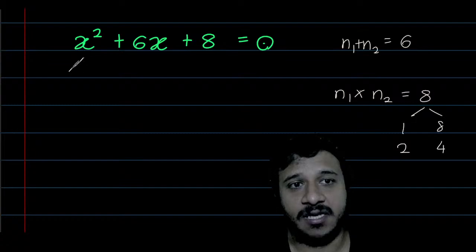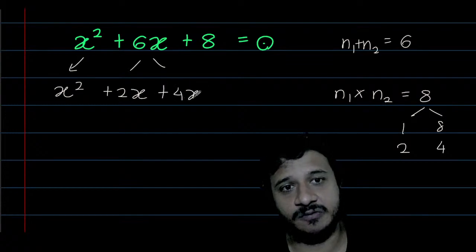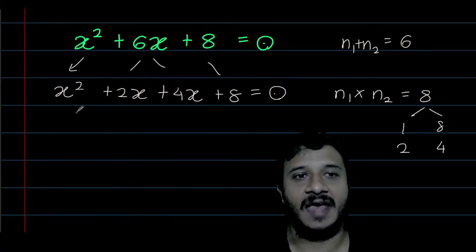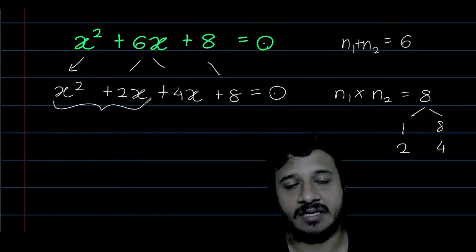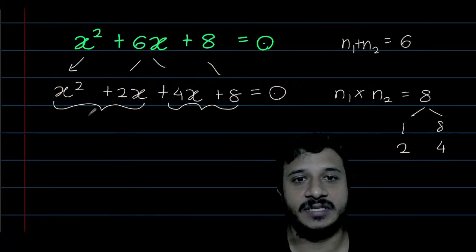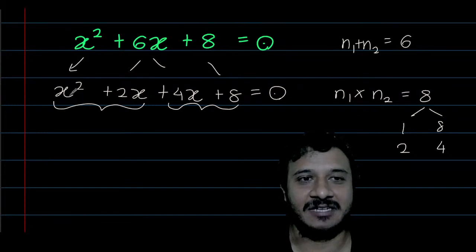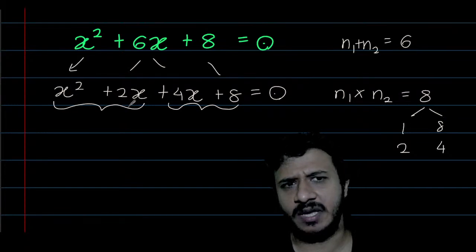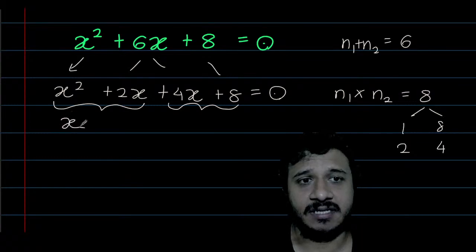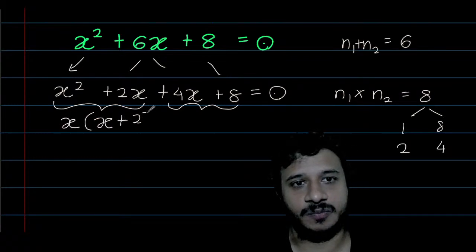So it will look like x squared plus 2x plus 4x plus 8 equals 0. And then we will do factorizing using binomials, or group factorization, and get the factors done. So let's do it. Between x squared and 2x, we can take an x out, and that will give us x plus 2.